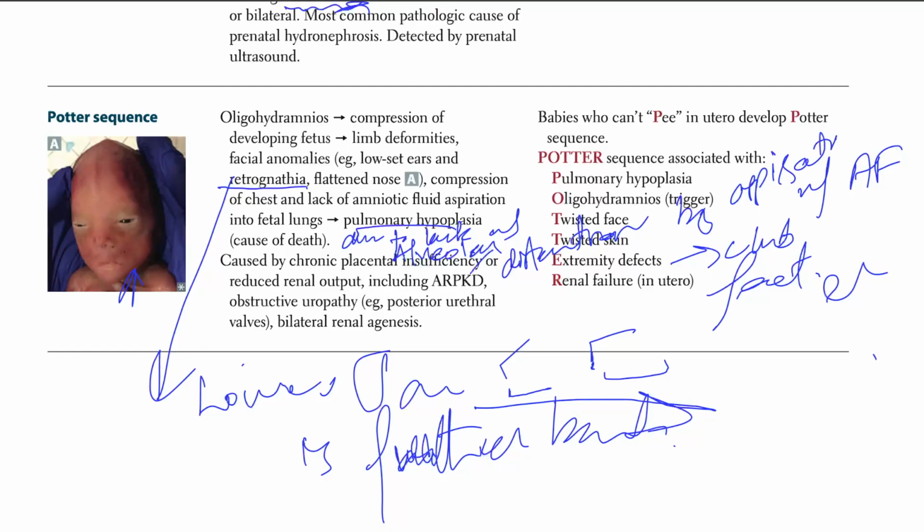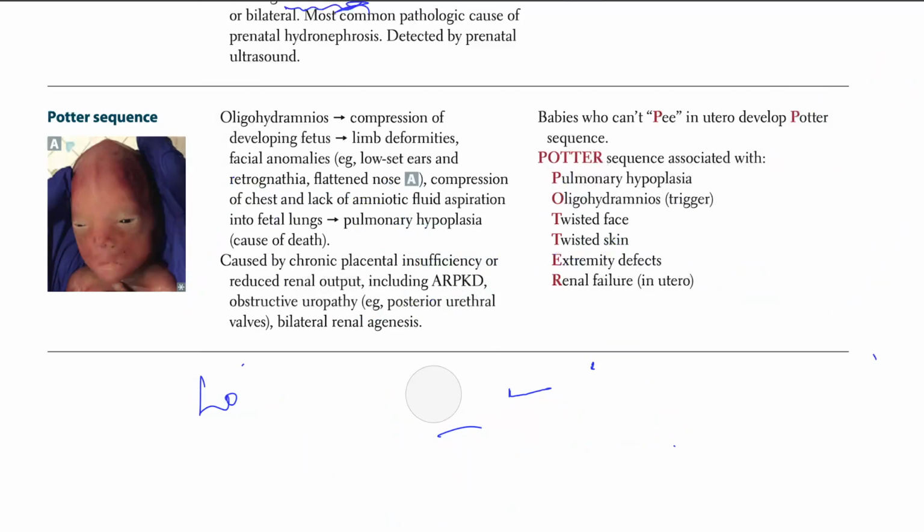So because you cannot aspirate the amniotic fluid, you have the lack of alveolar distension. When you have a lack of alveolar distension, pulmonary hypoplasia occurs. So let's erase that, and that's all we have for the Potter sequence.